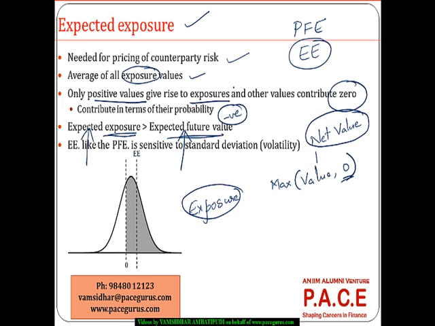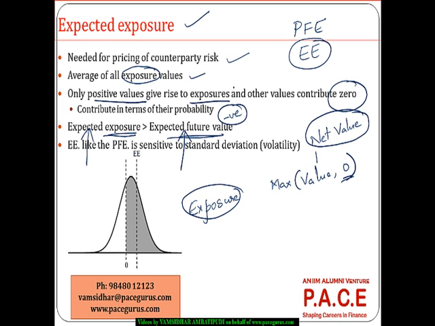So expected exposure will always be greater than the expected future value, and we know that the expected exposure is sensitive to standard deviation, because the shape of the curve will keep changing. So if the volatility is much higher, the expected exposure will be higher, and even the potential future exposure will also be higher.